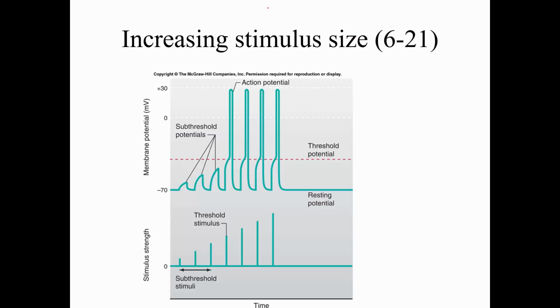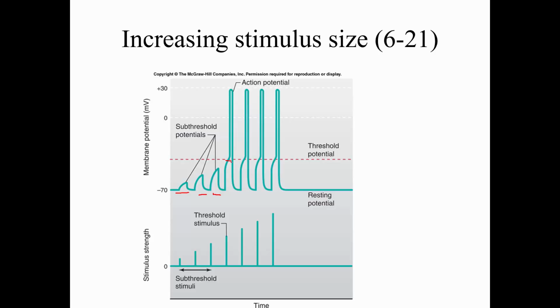So I've got a stimulus right here. But that stimulus was subthreshold. I get no behavior. Subthreshold, subthreshold. These are graded potentials that have decayed. Then I get a potential that reaches threshold. And now I get a full action potential.